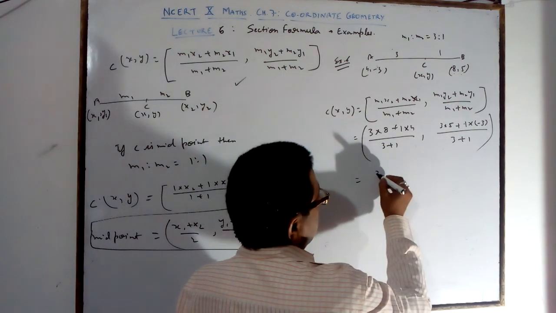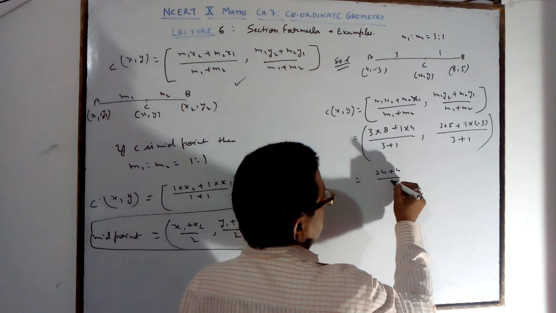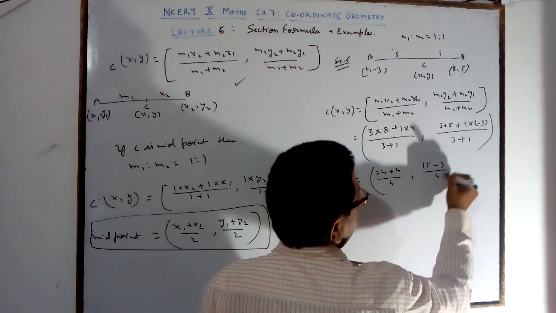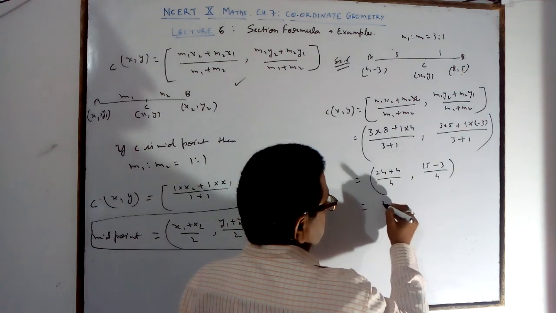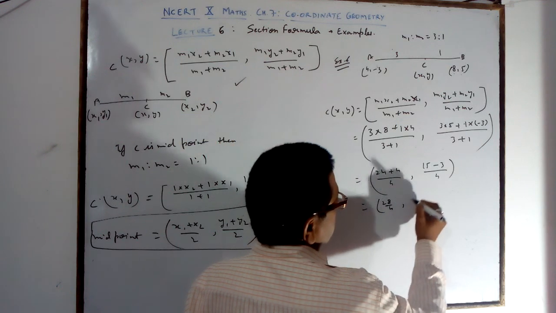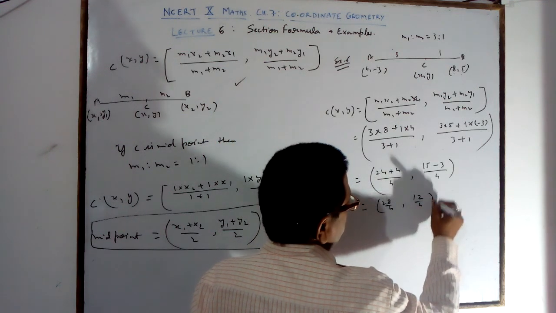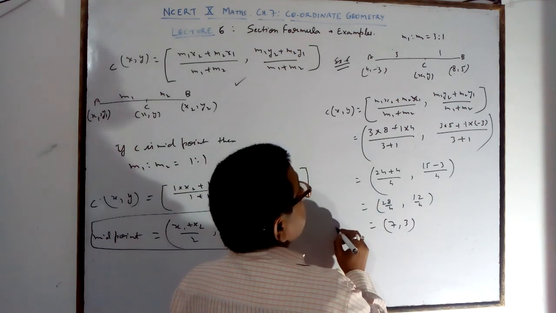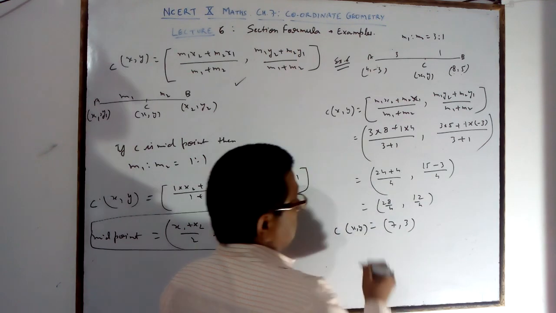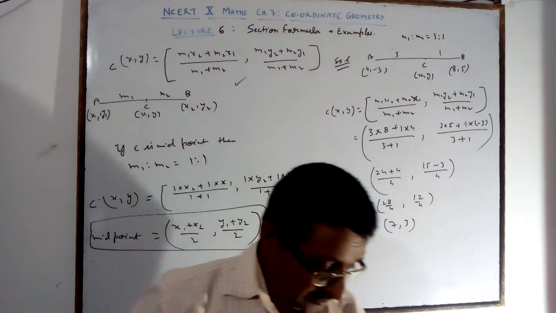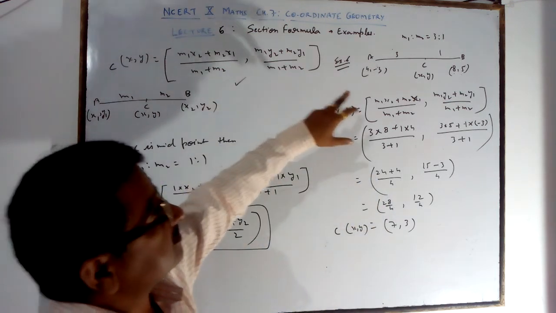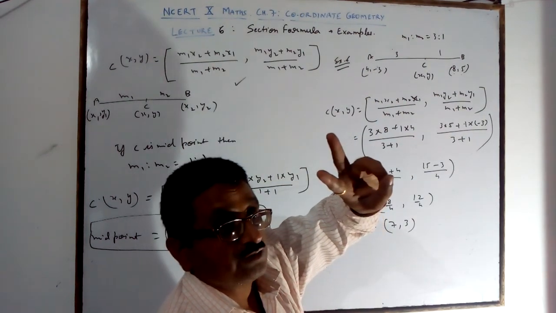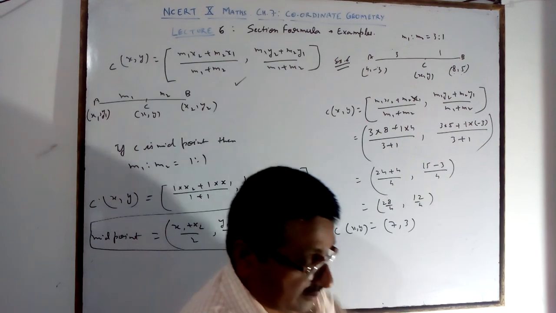That is 24 plus 4 upon 4, comma 15 minus 3 upon 4, which gives 28 upon 4 comma 12 by 4, that is 7 comma 3. So the coordinates of point C are 7 comma 3. The point 7, 3 divides the line segment in the ratio 3 is to 1.